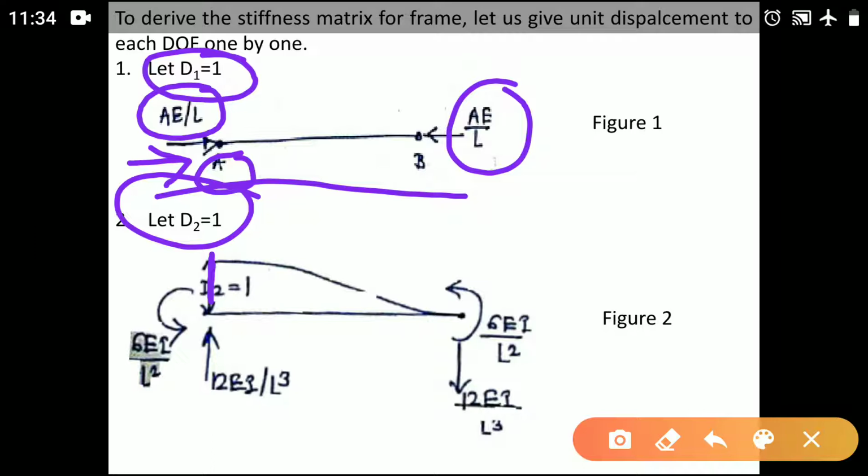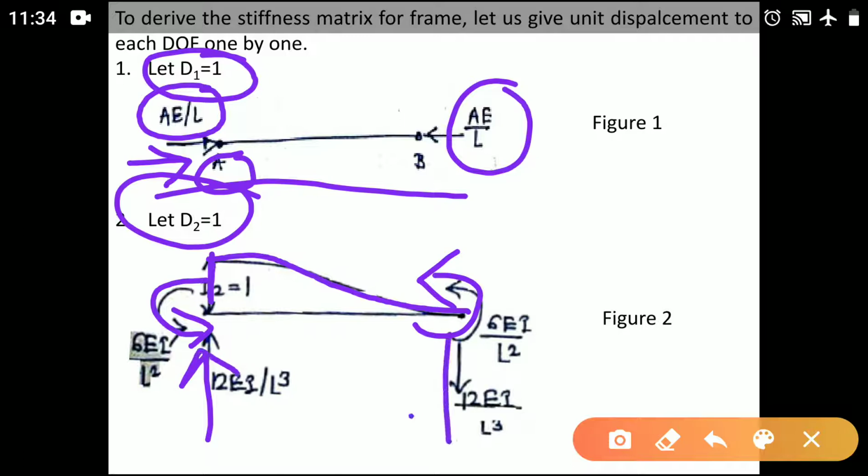Because of this, the beam gets deflected in this shape, for which the sinking moments generated are 6 EI upon L square in anti-clockwise direction, and at end B also 6 EI upon L square in anti-clockwise direction.